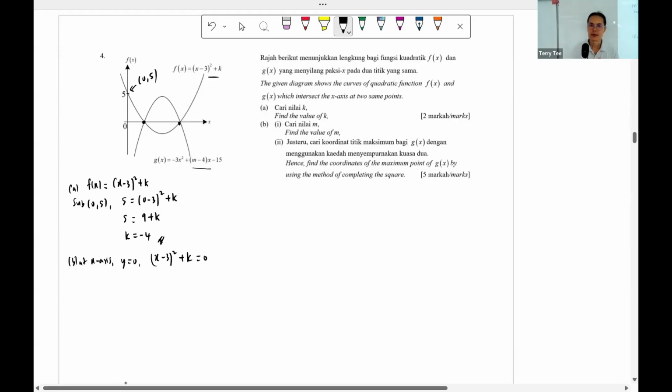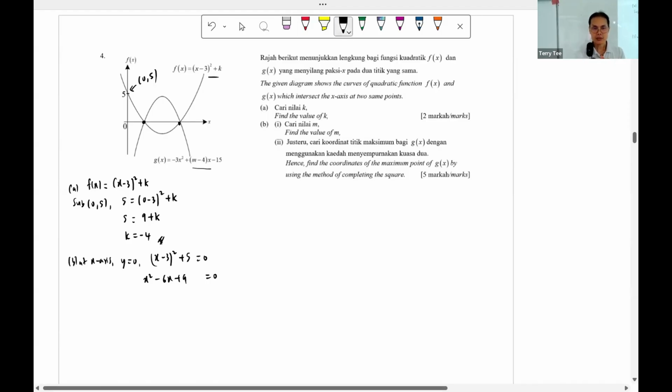I'm going to expand the bracket. x squared minus 6x plus 9 plus k equals 0. You can do SOR, you can do POR, up to you. Sorry, I know my k already, right, guys? So I think no need to do that.